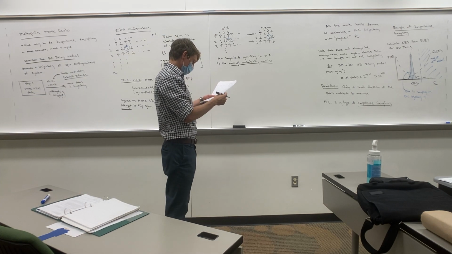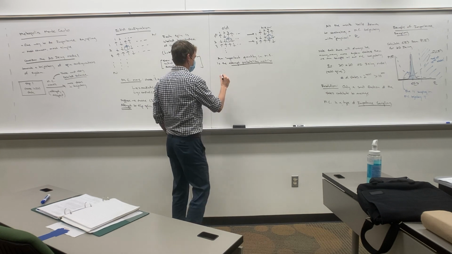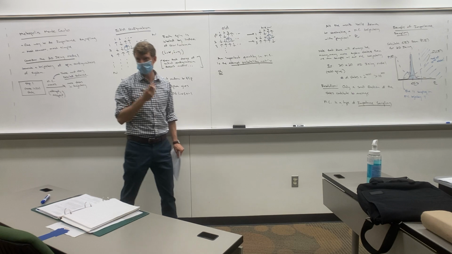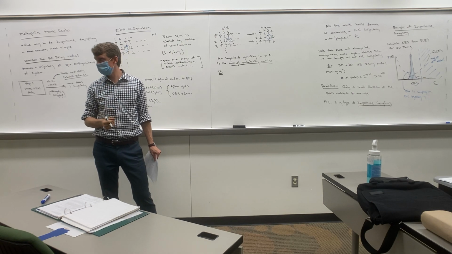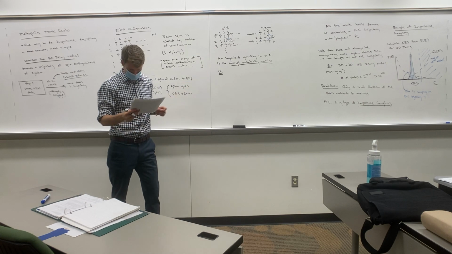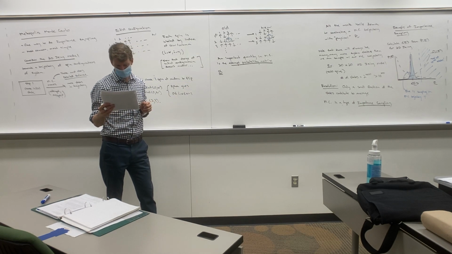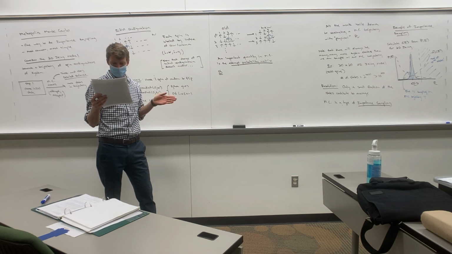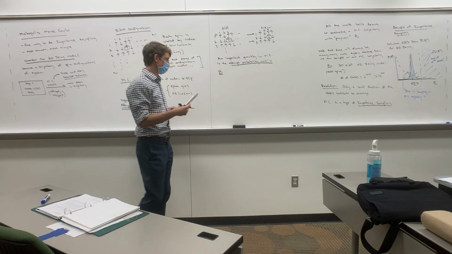So this attempt probability matrix we can call alpha. And this is standard notation. If you read the literature, everyone uses alpha for the attempt probability matrix. Two underlines indicate a matrix. What this does is it tells us the probability for generating a trial move between initial and final states of the system.